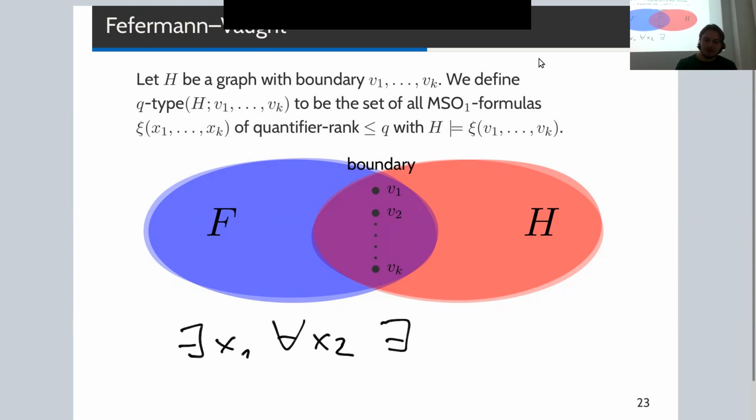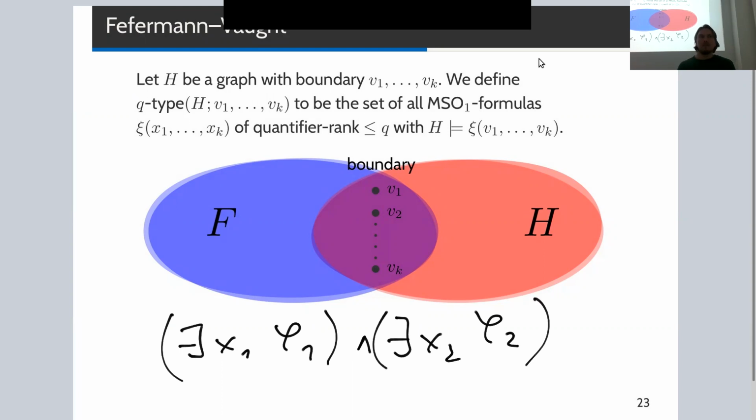Or also if this was a universal quantifier, still quantifier rank 3. On the other hand, if you had a formula like this, then this one will still have quantifier rank only 1 because the quantifiers are not nested here.